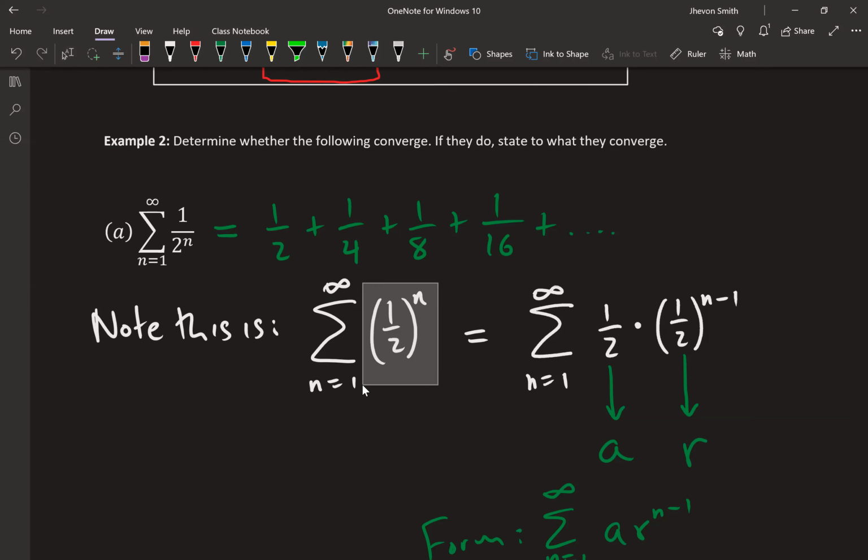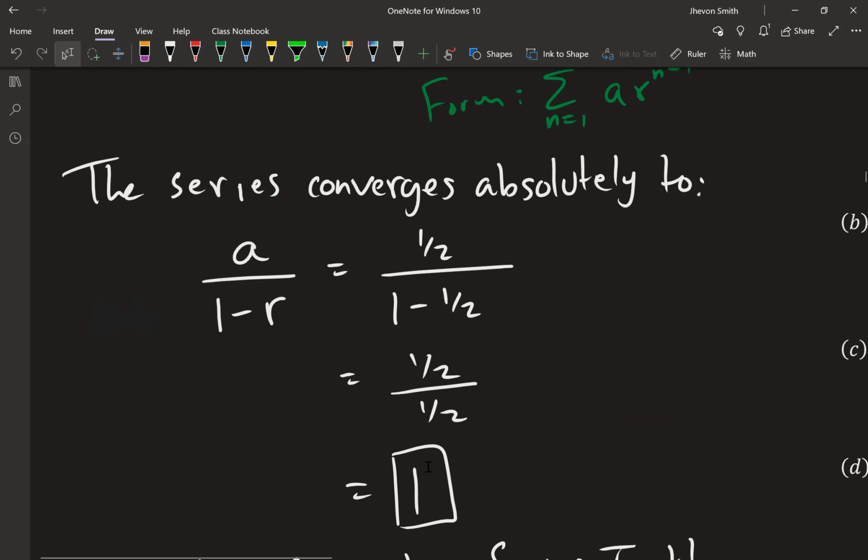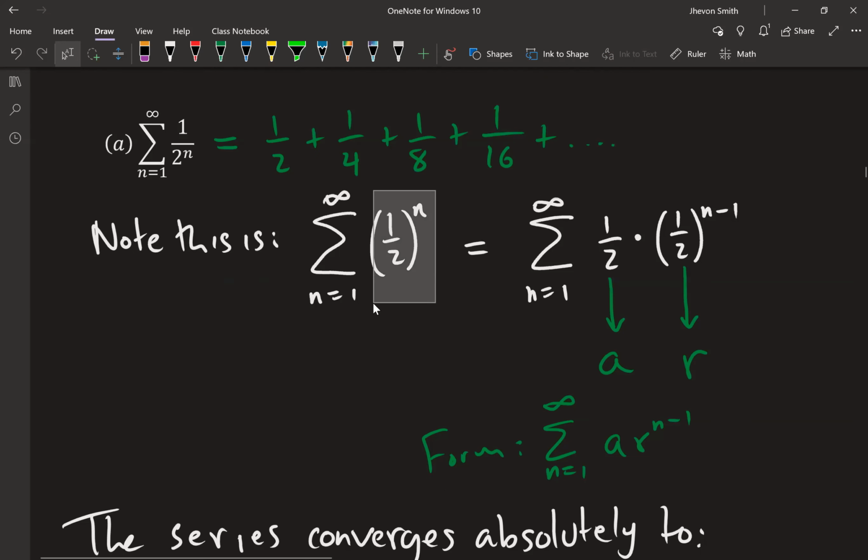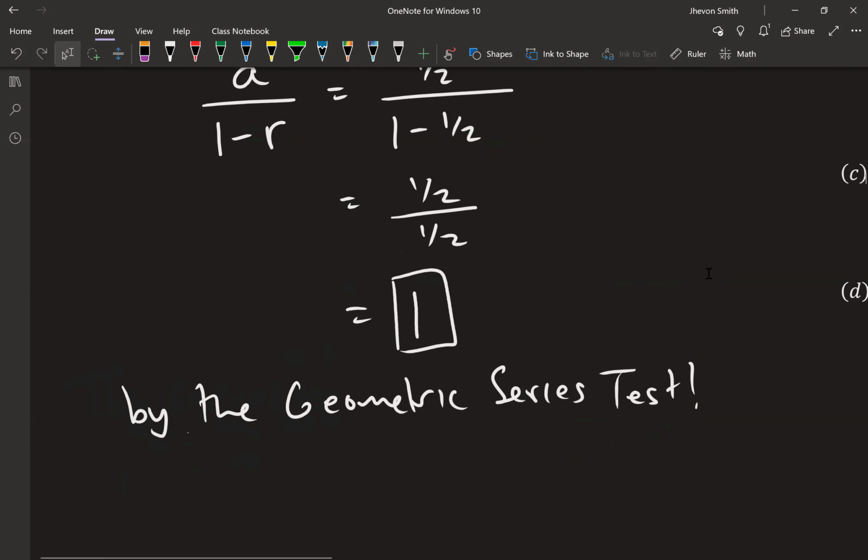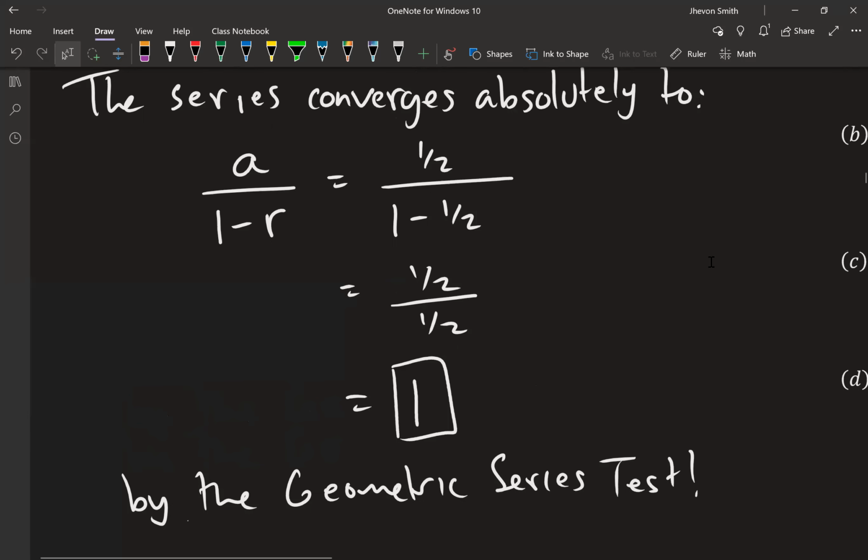But remember, the sequence converging to 0 doesn't mean the series converges to 0. These are two very different things. So this series actually converges, but it converges to 1. The sequence that it's summing converges to 0, but it had to converge to 0 in order to converge. So yeah, that's the geometric series test.